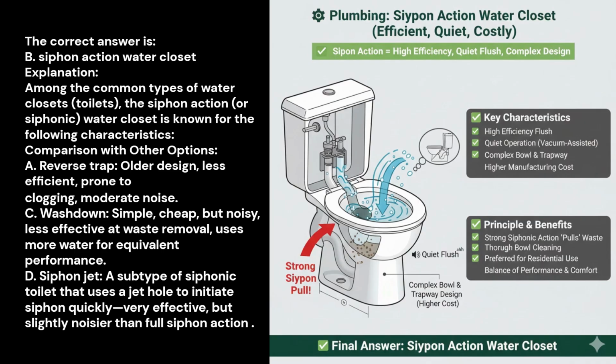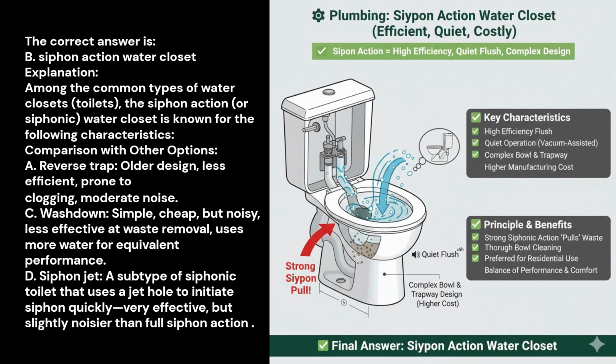Explanation. Among the common types of water closets, toilets, the siphon action, or siphonic, water closet is known for the following characteristics. Most efficient. Uses a longer trapway with a reverse P or S shape, creating a strong siphonic action during flush. This action pulls waste out effectively, often with less water than older designs, especially in modern low-flow models.